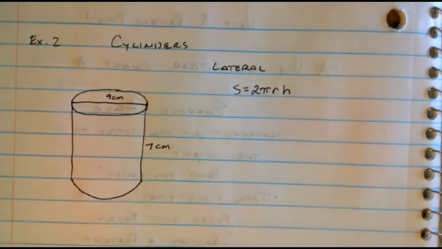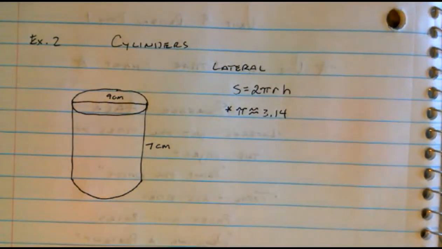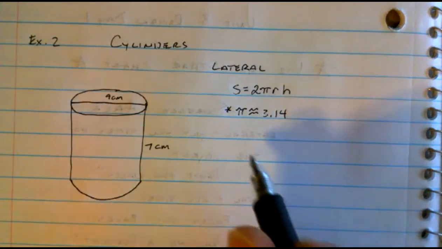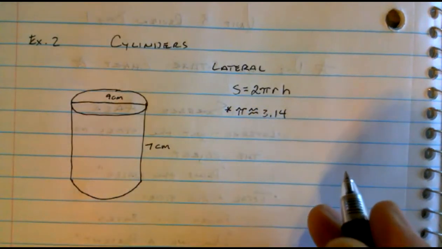Now, a couple things to note here. Pi is about 3.14. Most of us know that already. If we're looking at our answer choices and they don't have a pi in there, something like 17 pi or 18 pi as an answer choice, then that means they probably multiplied with 3.14 in the problem.